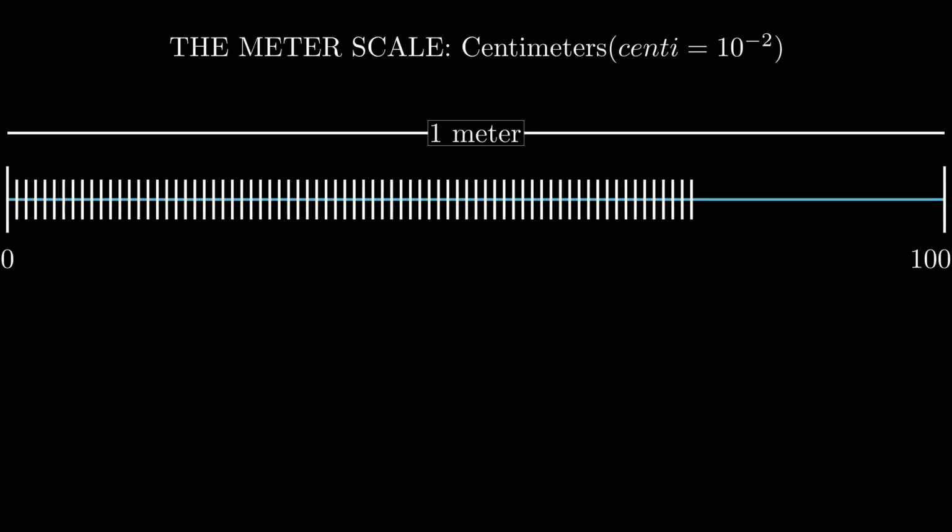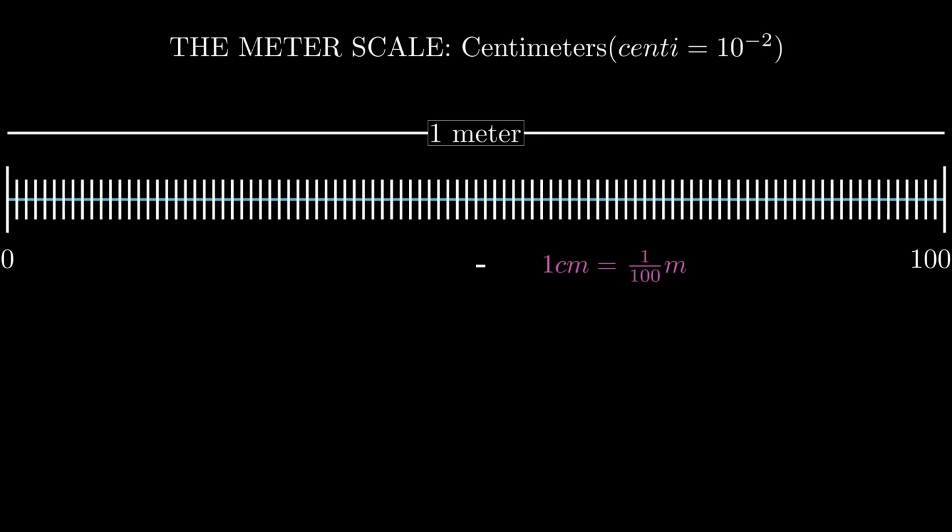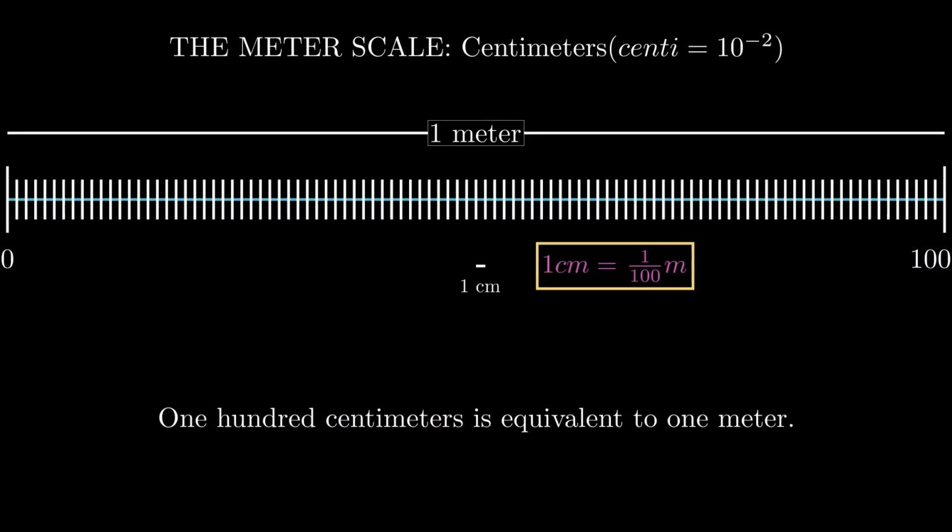So that would be that there. There's 100 of that. Okay. So 100 divisions, they make up 1 centimeter. And you can see how small a centimeter is relative to a meter. Okay, so then 1 centimeter is 100th of a meter. Okay, so you divide the meter 100 times. So that means then that you have 100 centimeters is equivalent to 1 meter.